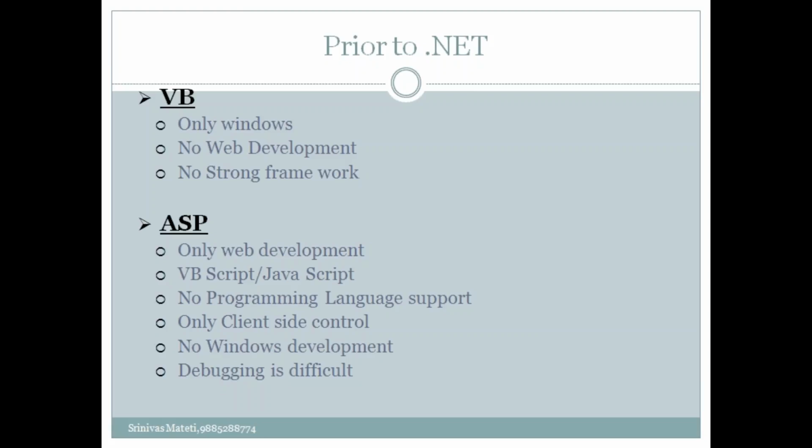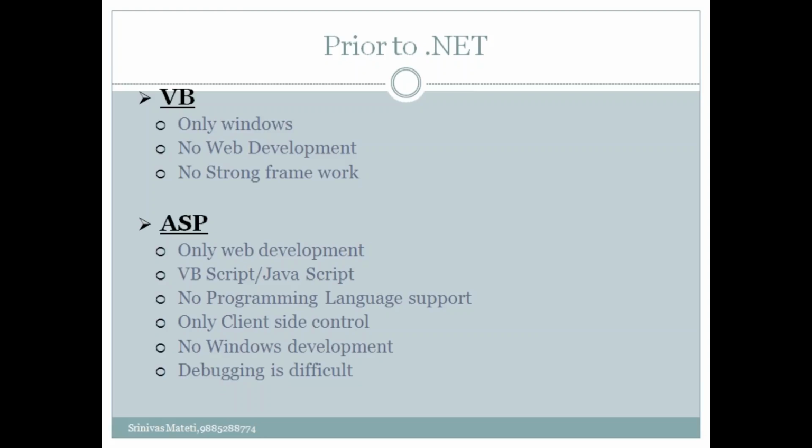And if you see Classic ASP, when you are using Classic ASP, that means you are developing web applications. Either you have to use VBScript or JavaScript. There is no programming language support. When you go for scripting languages, you have some limitations when writing the code. There were only client-side controls, so all HTML controls you have to use. No server-side control concept was there.